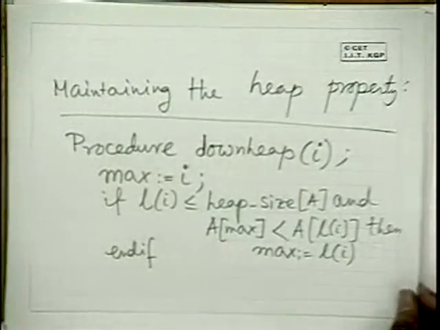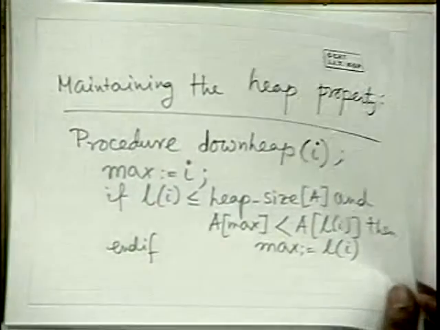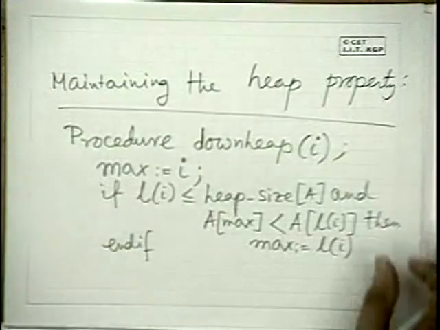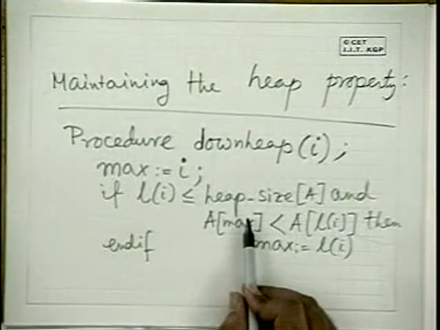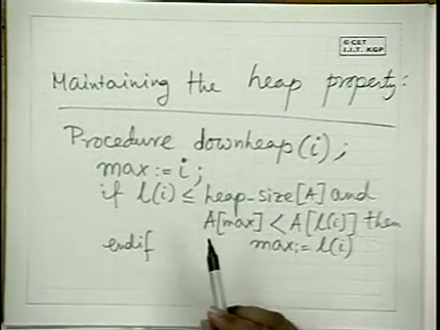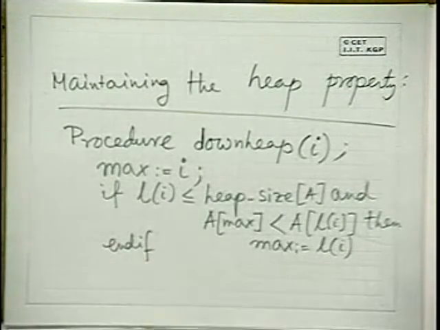Okay, so this is one part. I'll write the other part. But first, what is heap size of A? Heap size of A always keeps track of the size of the heap. Basically, in the array A, what is the last element of the heap? We have to keep track of it, otherwise we don't know how far we have to go in the array.